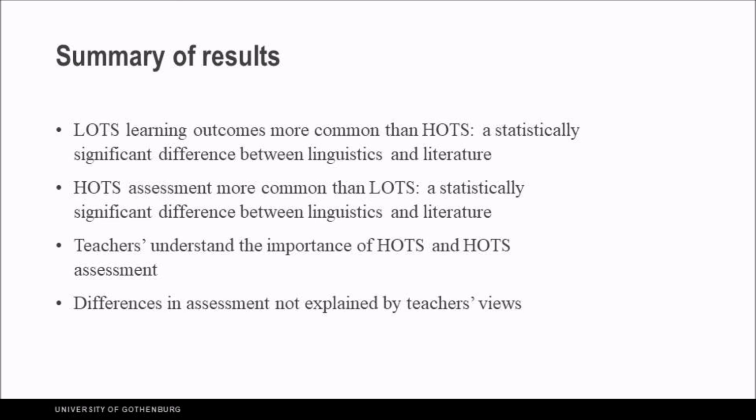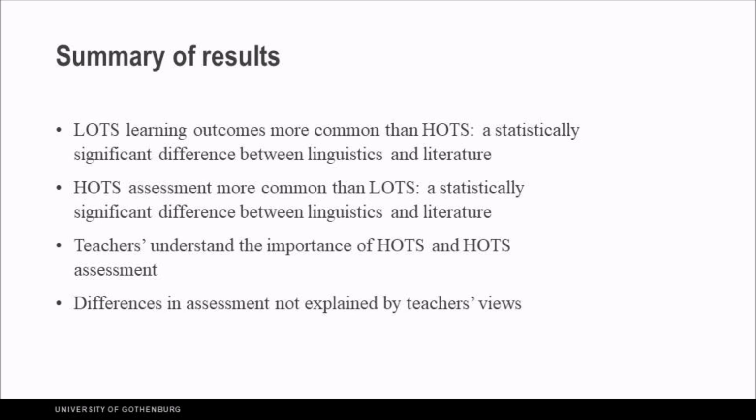So the conclusion of this is that learning outcomes in English courses at Swedish universities include more low order thinking skills than high order thinking skills, but that assessment tasks, on the other hand, target high order thinking to a larger extent than low order thinking. Both in learning outcomes and in assessment tasks, literature modules, as we could see, focus more on high order thinking than linguistic modules.